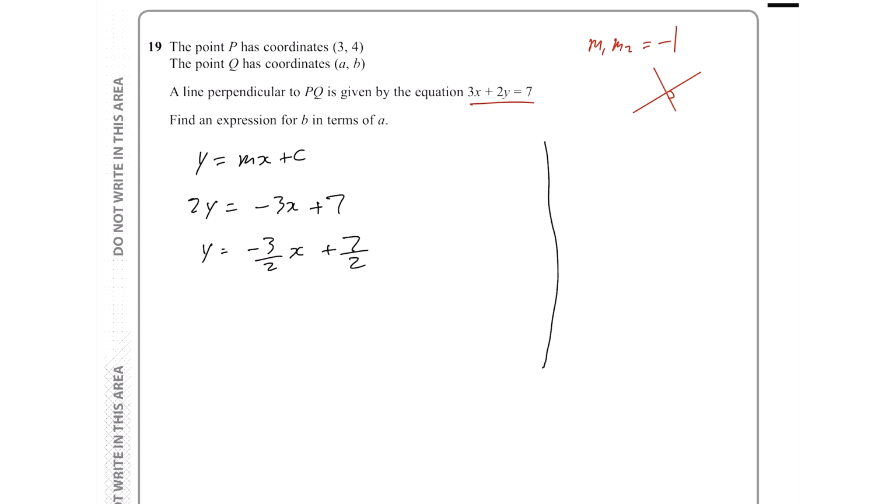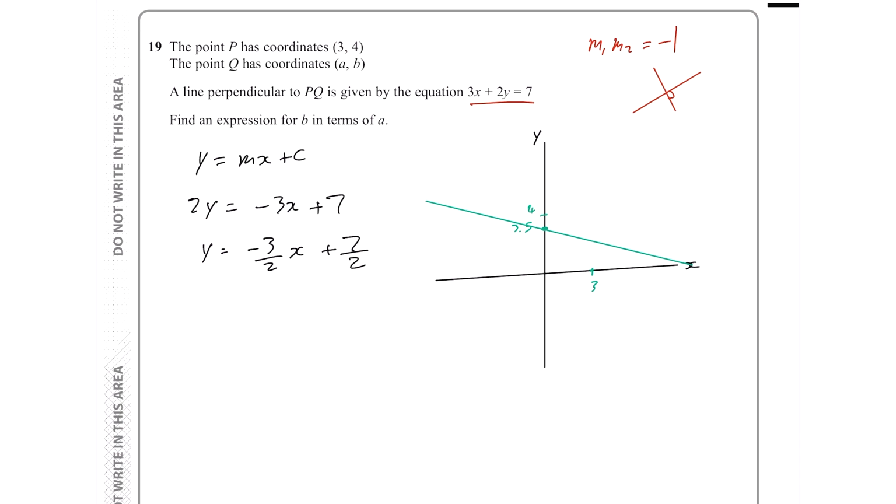Now if I draw a rough graph, with the y-axis and the x-axis, the x-intercept is 3.5, because that's what 7/2 is. I know it has a negative gradient, so the line goes down. I know P has the coordinates (3, 4), so let's plot them on.